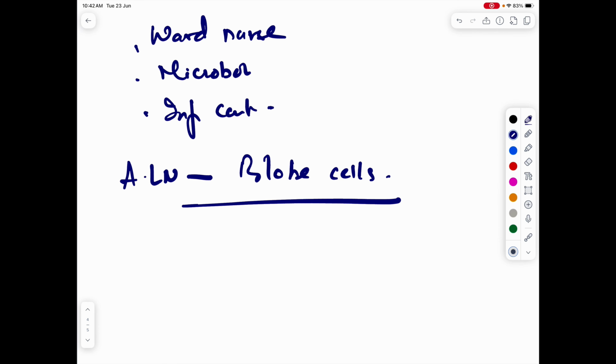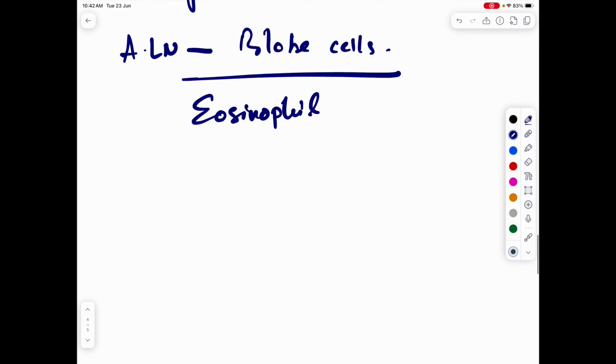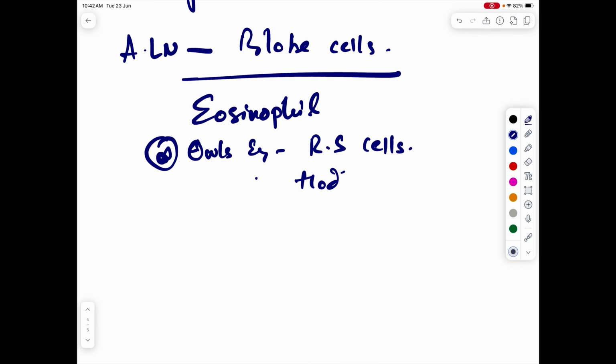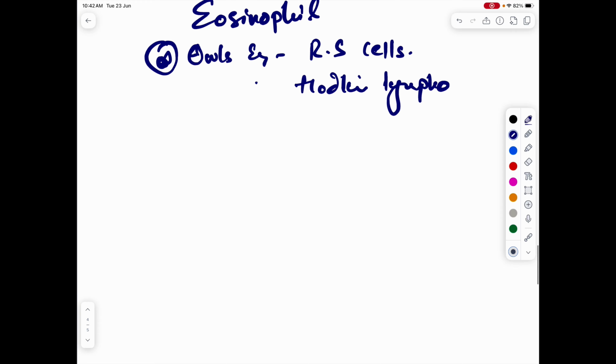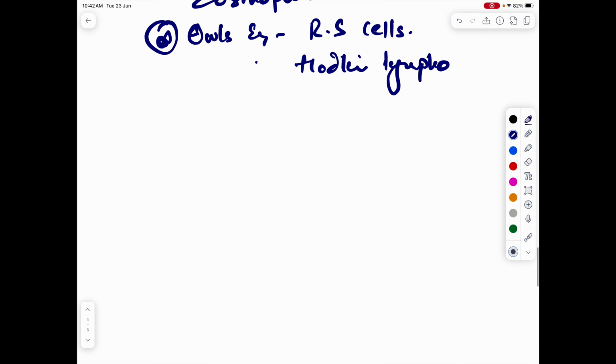So eosinophilic bilobed cells are called owl's eye, which are Reed-Sternberg cells. It is Hodgkin's lymphoma. So the diagnosis is Hodgkin's.